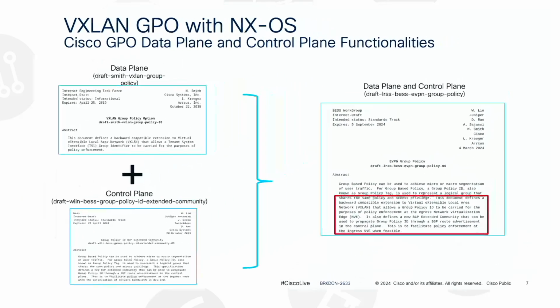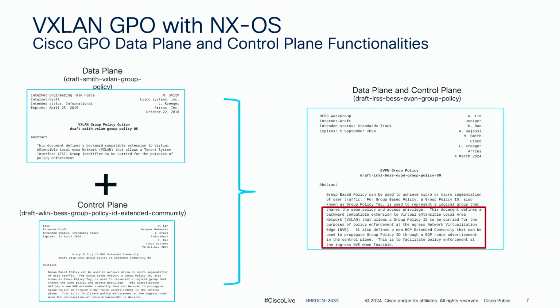One draft covers the data plane aspect, which is what we do with SGT and ACI as well: we carry a secure group identifier in the VXLAN header of the packet. So you classify an endpoint, and that classification decision is carried along the network with the data packet.